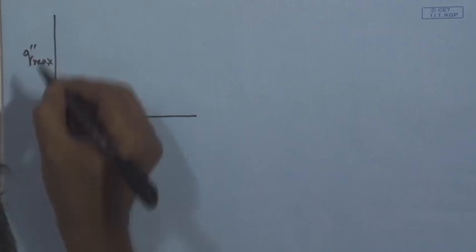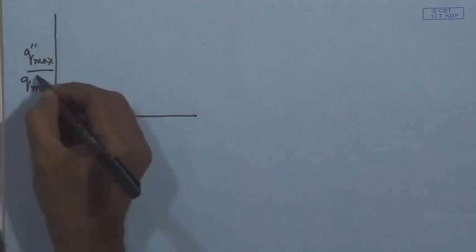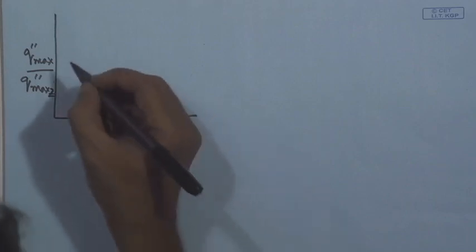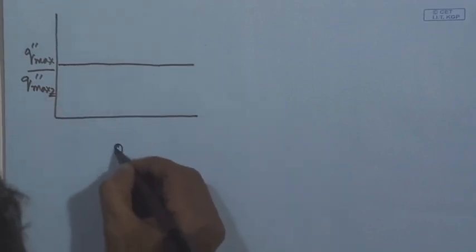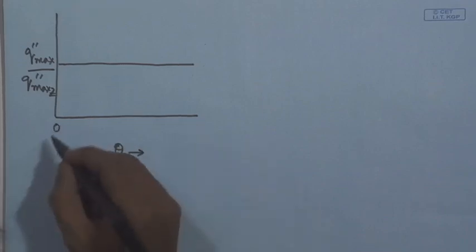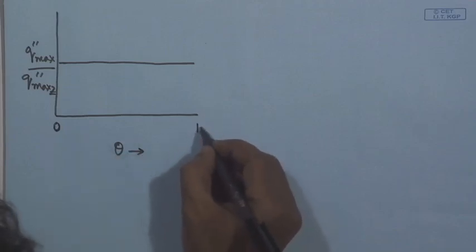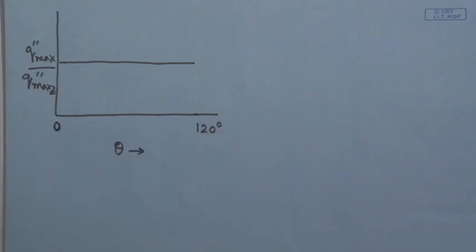So, this is q max z. The classical theory is independent of the contact angle, which is theta. Let us say we are thinking of a variation of contact angle from 0 to 120 degrees, that means highly wetting to highly non-wetting type of contact angle.